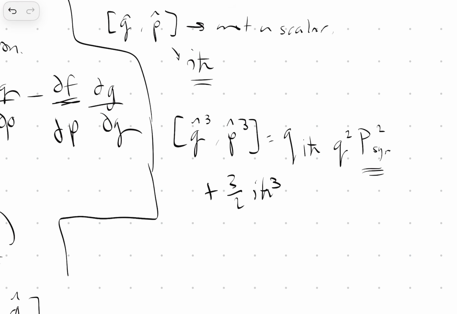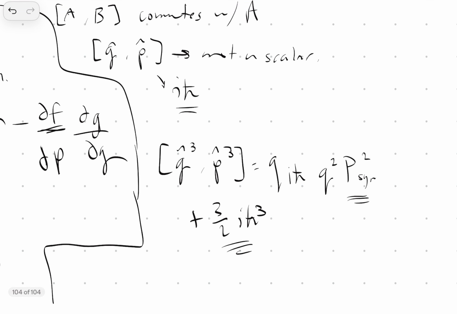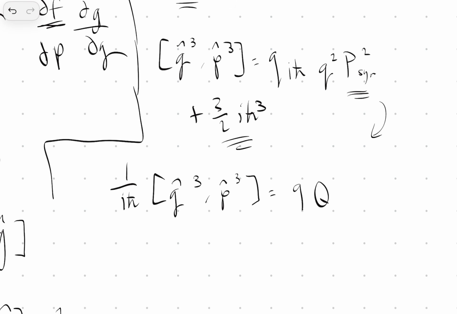So the extra term here comes from the double commutators that we would have. And so if we were to divide out everything by i h bar, we would be left with 9 W of Q squared P squared plus 1/3 of h bar squared.